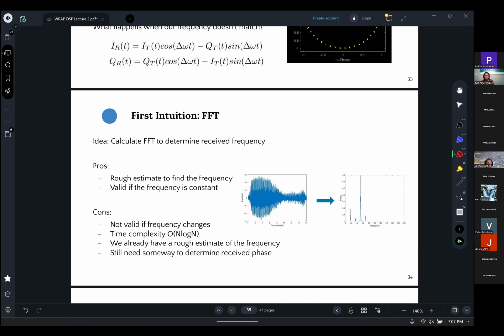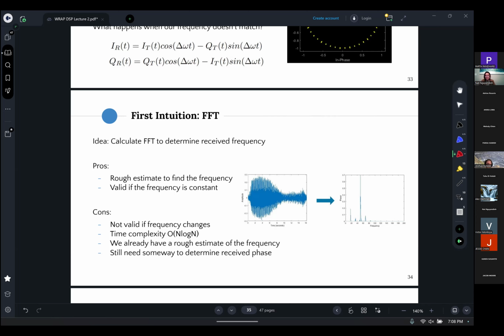While this works to give a rough estimate of the frequency, it would only work if the frequency is constant. If the frequency changes at all, this is kind of useless because you'd have to keep calculating the FFT, and the time complexity of the FFT is not very forgiving. And we already have a rough estimate of the frequency. That's just going to be the frequency that we originally sent.